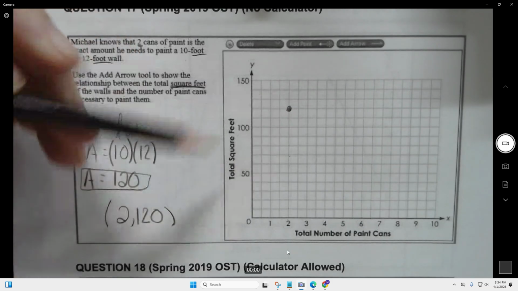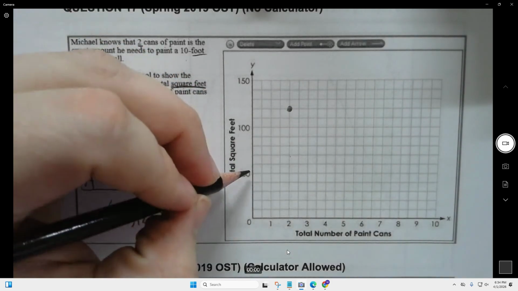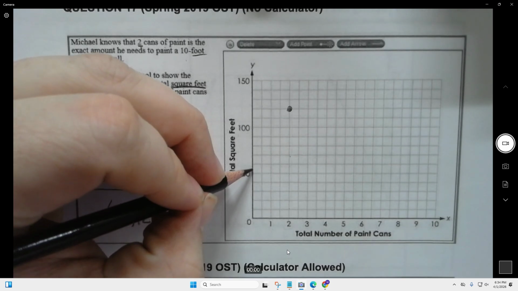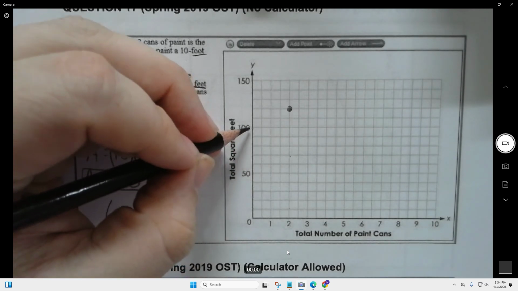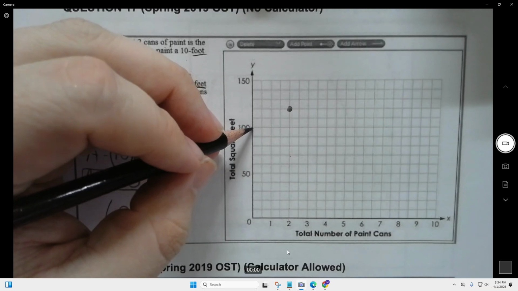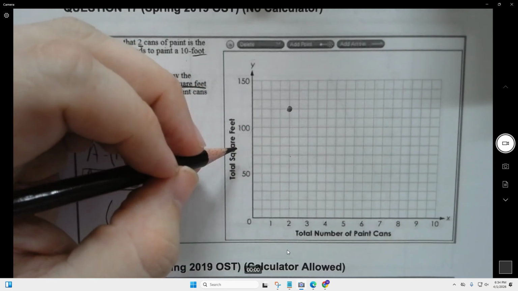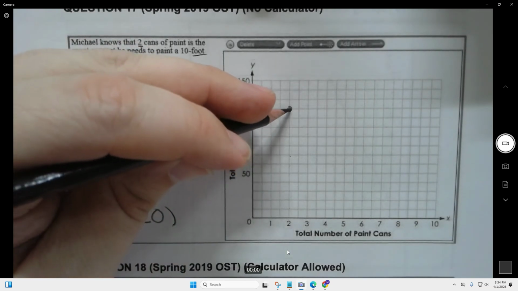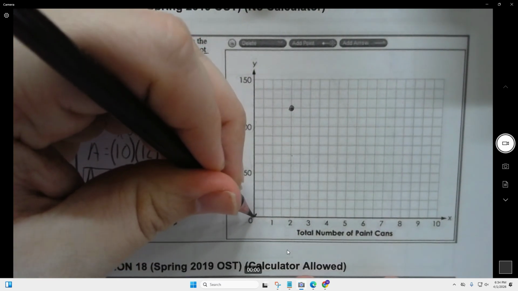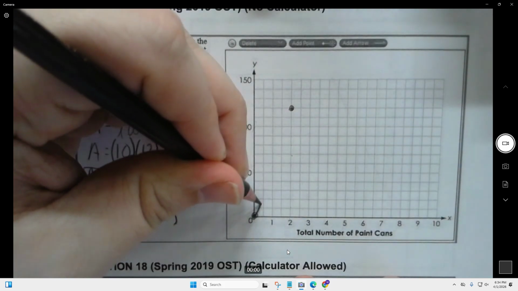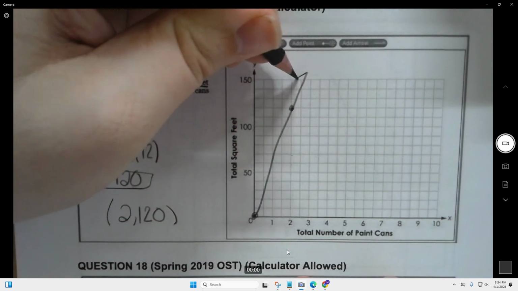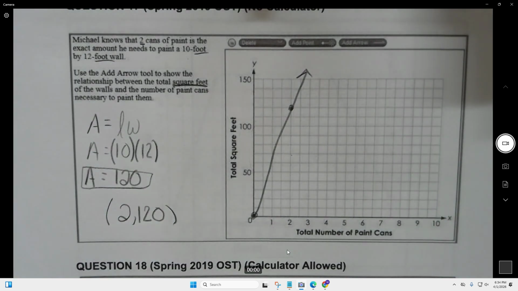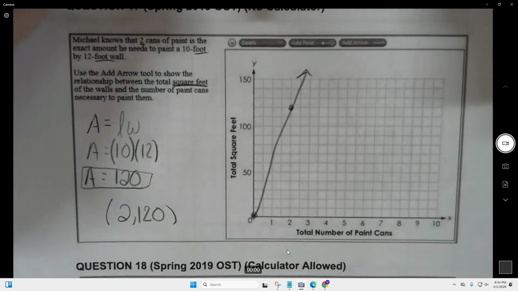I determined how much each box is worth because I saw that there were 5 boxes between 100 and 50. 50 divided by 5 is 10. So I knew each box was worth 10. And when you hit the add arrow tool, you want to have 0, 0, and then it'll add the arrow much better than how I drew it.